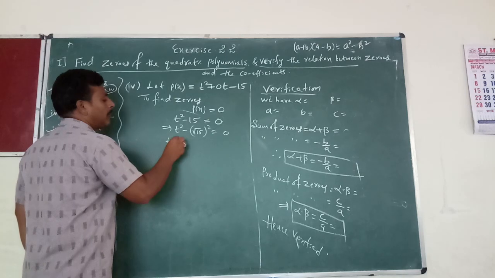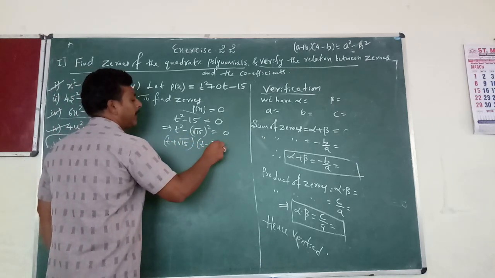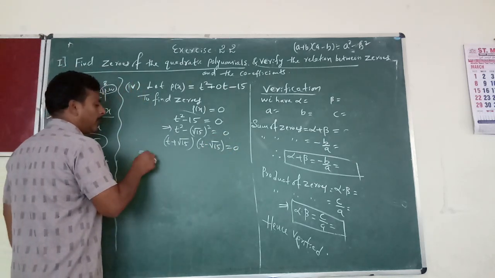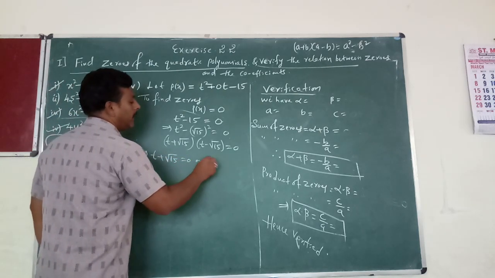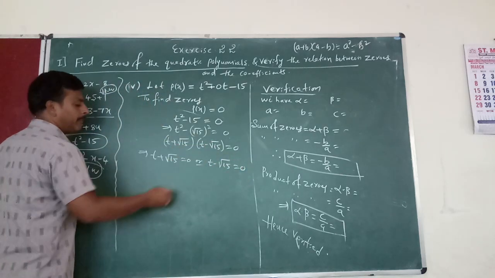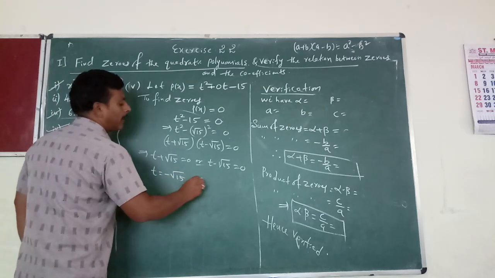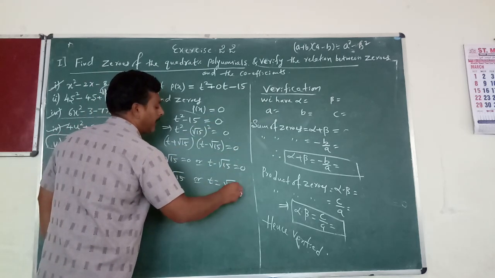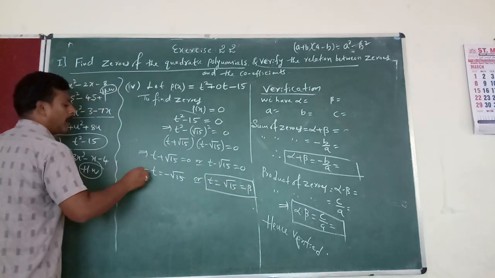So t plus root 15 in one bracket, t minus root 15 in another bracket, equal to 0. Two factors we got. Each bracket equal to 0. T plus root 15 equal to 0 or t minus root 15 equal to 0. So plus root 15 goes there, t is equal to minus root 15, and minus root 15 goes there, so t is equal to plus root 15. This will be beta and this will be alpha.